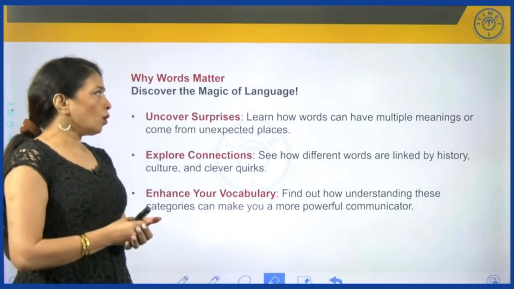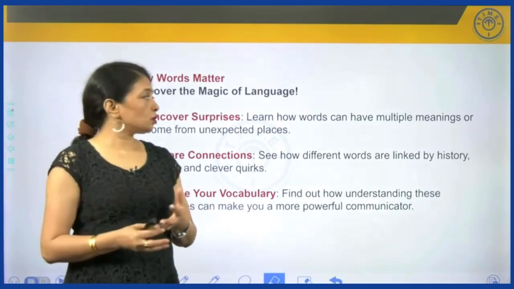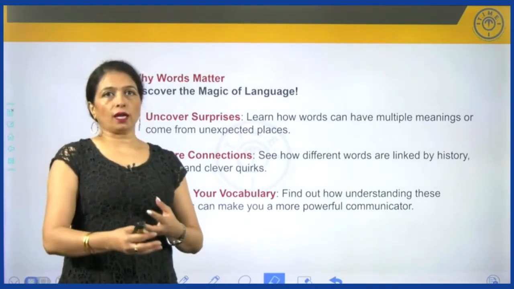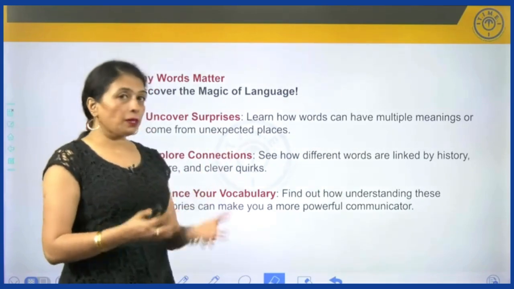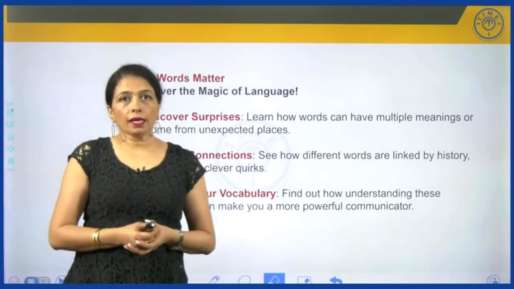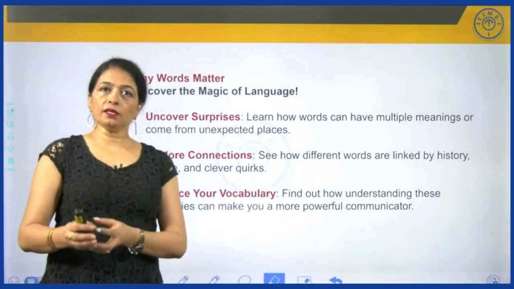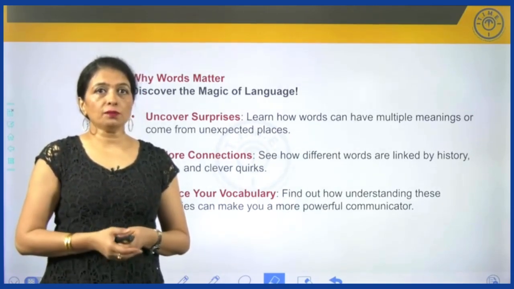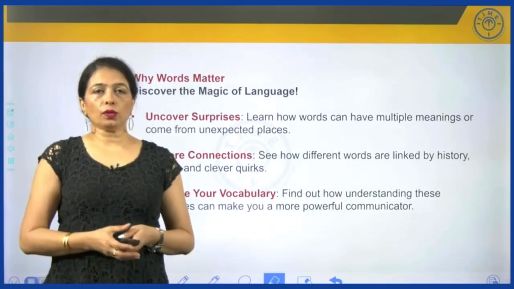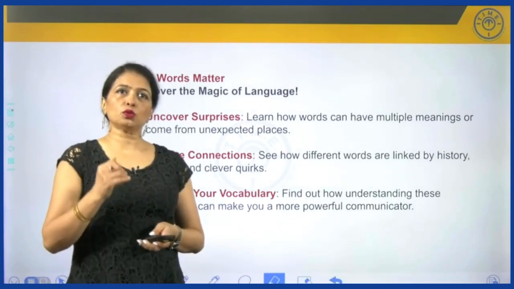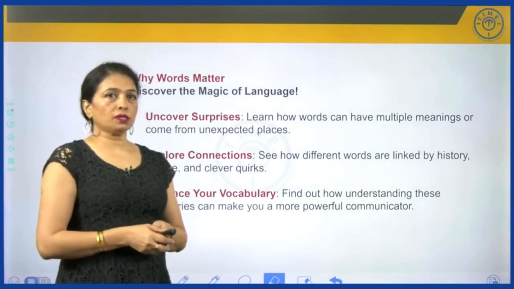Now, when we learn how words have multiple meanings, or we understand the origins from which they come, which could be unexpected places, it helps us uncover so many surprises that are hidden in words. This helps you know more about words and also remember them better, because you always have some story associated with them.